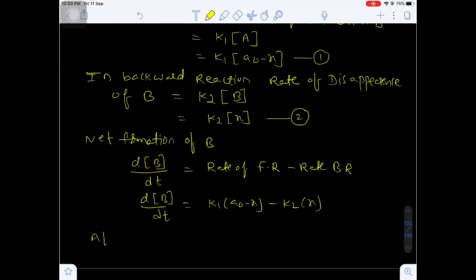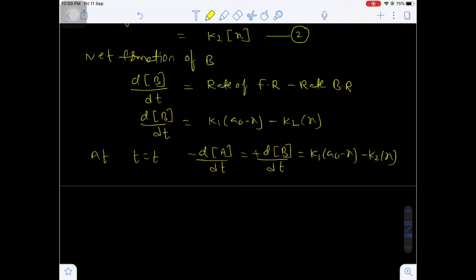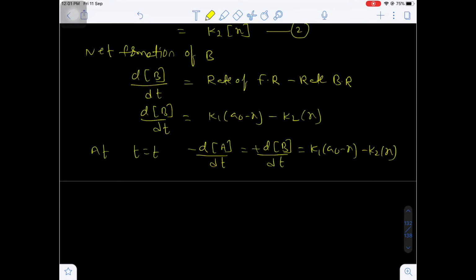Now at time interval t, minus dA by dt, the rate of disappearance of A, will be equal to the rate of formation of B, plus dB by dt, which is equal to K1 times (A0 minus X) minus K2 times X, at any time interval.